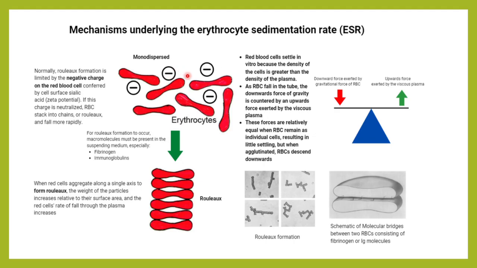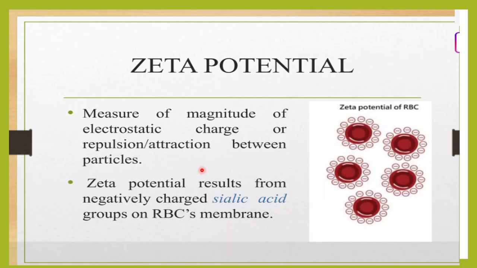Okay, and there are many factors which can neutralize this zeta potential. So this is the zeta potential. It is the measure of the magnitude of the electrostatic charges, or repulsion and attraction, between the particles. That is what we call zeta potential. And the zeta potential here results from the negatively charged sialic acid groups in the RBC membrane.